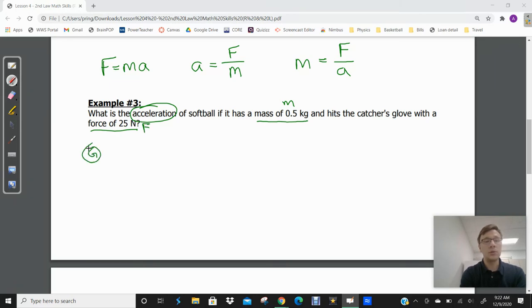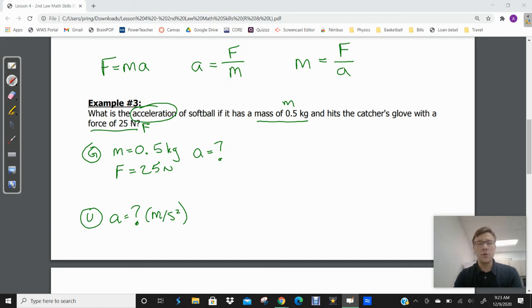So we'll go ahead and jump into it here. It's given us a mass of 0.5 kilograms. It's given us a force of 25 newtons, and we are solving for the acceleration. Now, we know that the units for acceleration are meters per second squared because we've already done that unit. So we'll write that down for our units step there.